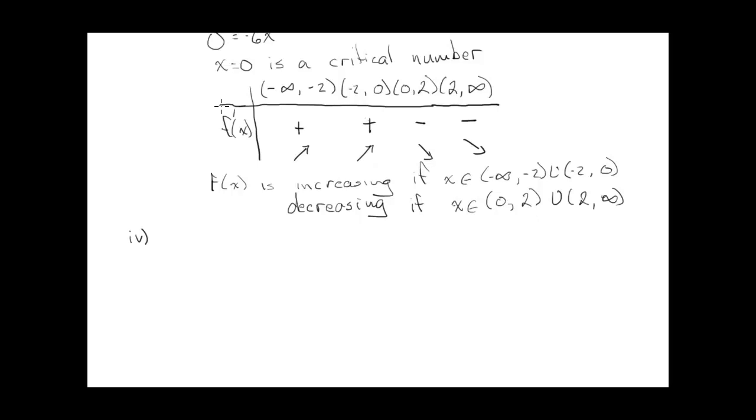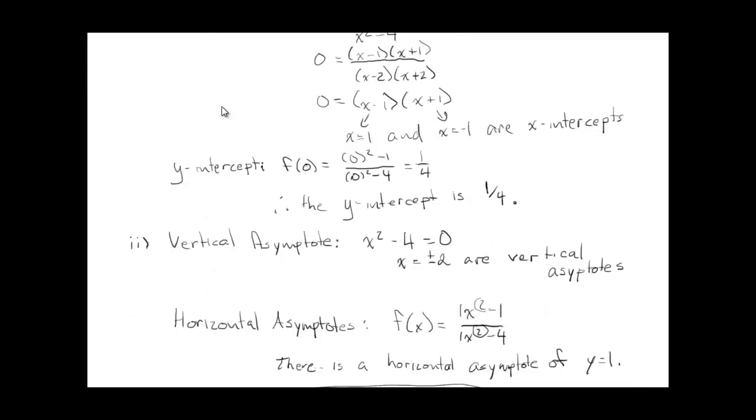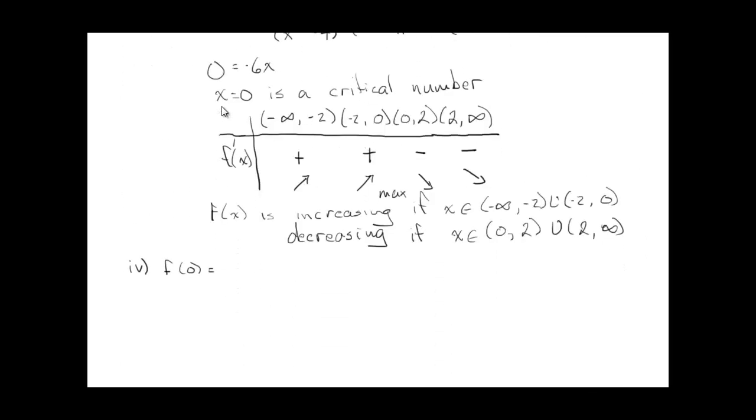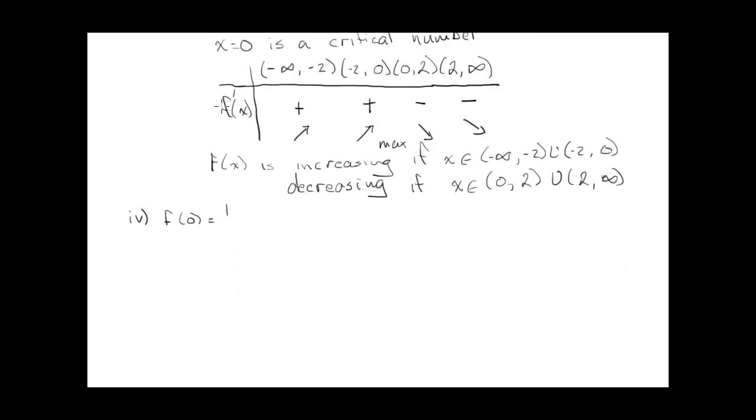Now we want the max and min. There is only one. There's a maximum when x equals 0 because it changes from increasing to decreasing. So we'll need to evaluate the function at 0. We already did that, right? That was the y-intercept. So we know the y-intercept is 1 over 4. So f at 0 is 1 over 4, and that turns out to be a maximum, or at least a local maximum value.